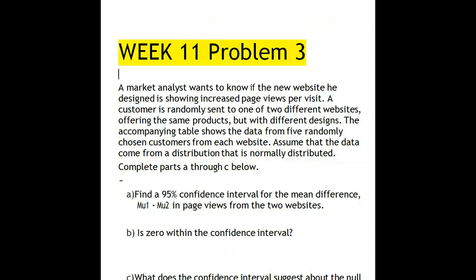Now in this case we are comparing groups, and in comparing groups we need to decide if the groups are independent or if the groups are paired. The hint given to us is that one customer is selected and randomly sent to one of two different websites.